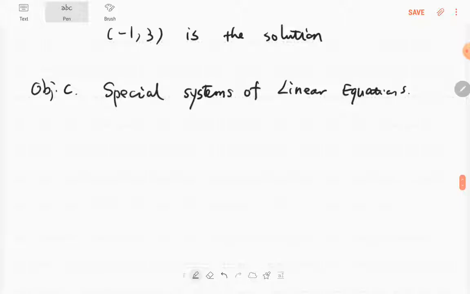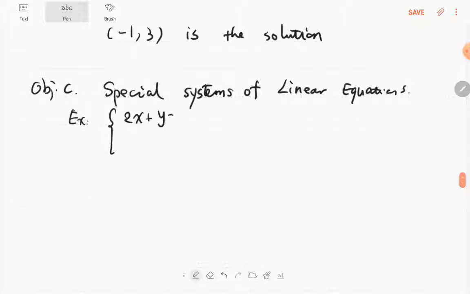So what kind of situation will we call special systems? Let's see. We will talk about 2 special cases by checking 2 examples.